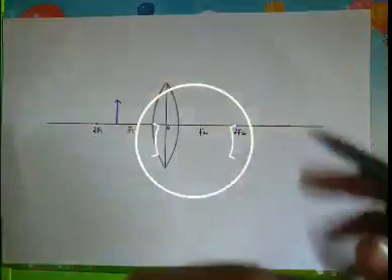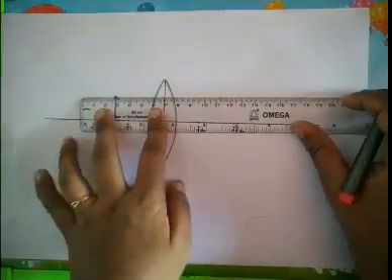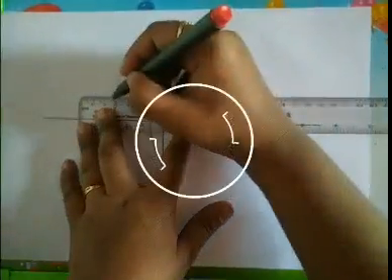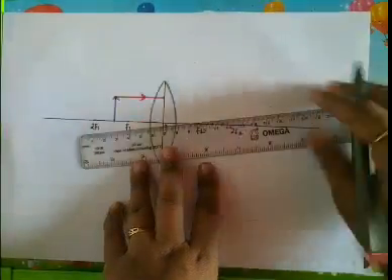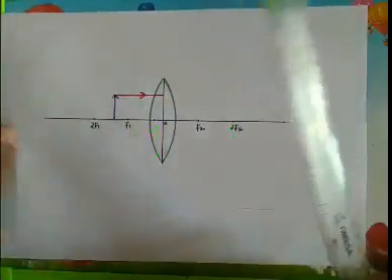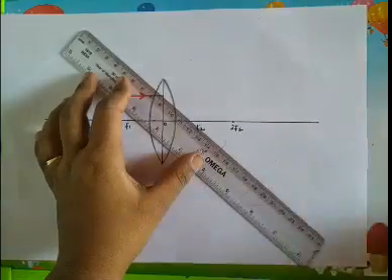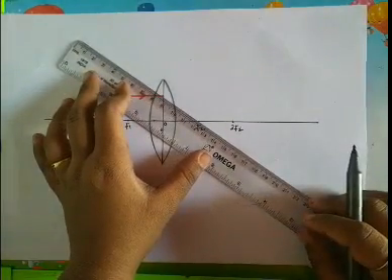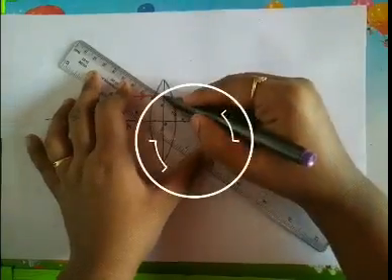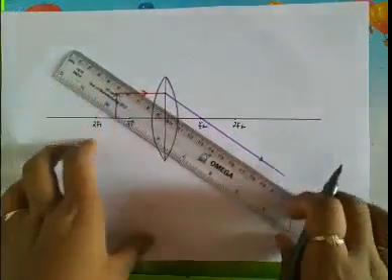If an incident ray is parallel to the principal axis, so here would be the incident ray, it is parallel to the principal axis, and the refracted ray will pass through focus. This is the refracted ray.